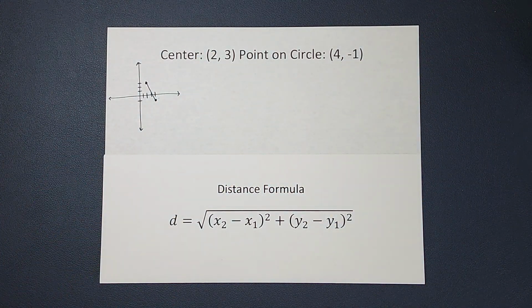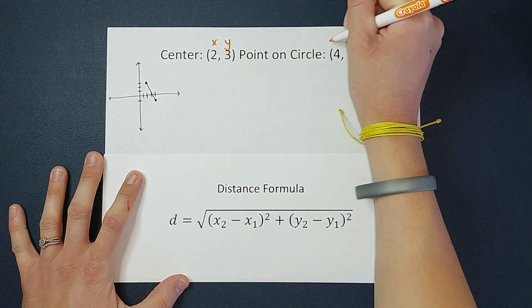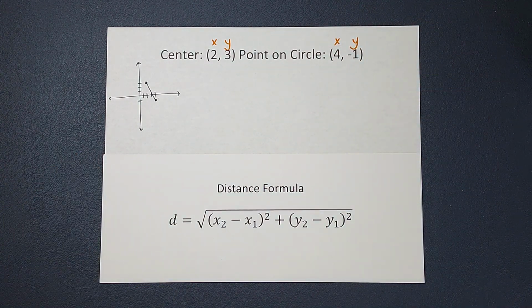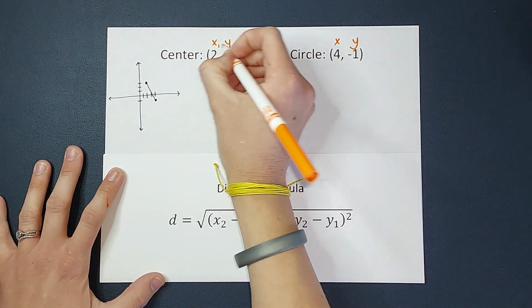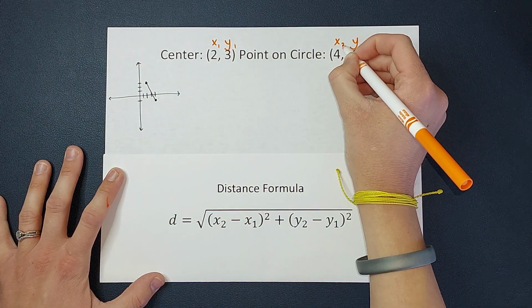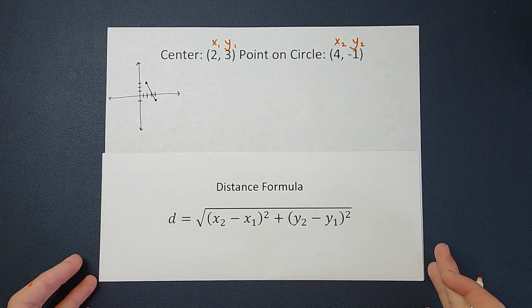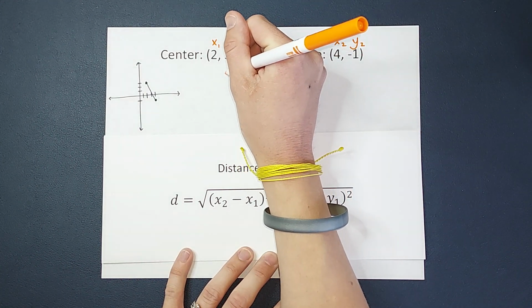So the first thing I want to do is I like to label mine just to help me keep it straight, okay? So we know it's X and Y, right? And then we just decide which group is my 1s and which group is my 2s. So we're going to make these the 1s and these the 2s, okay? And then we're just going to plug them in here, okay? So D stands for distance in this case.